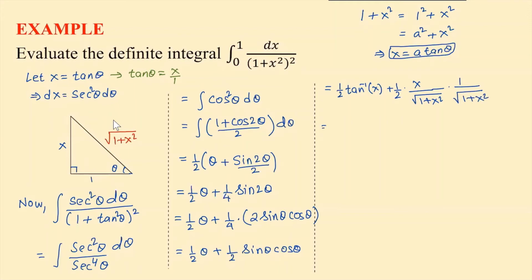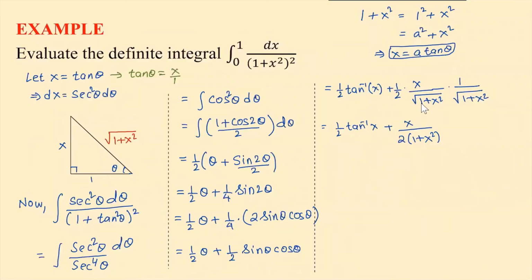Which is equal to half tangent inverse x, then plus, in the numerator 1 times x times 1, that is x, divided by 2 times the square root of 1 plus x squared times the square root of 1 plus x squared, which is simply 1 plus x squared.